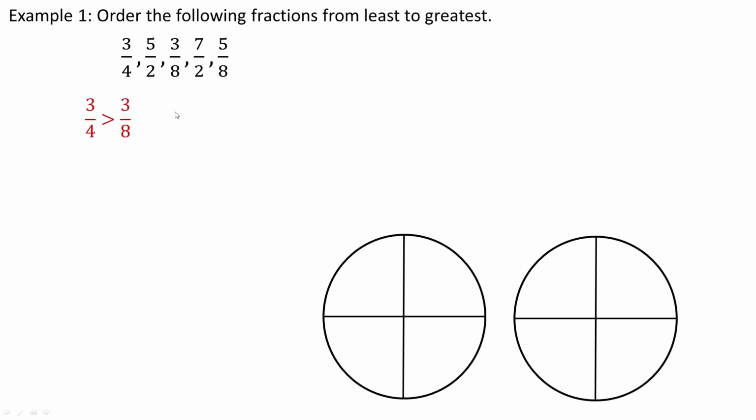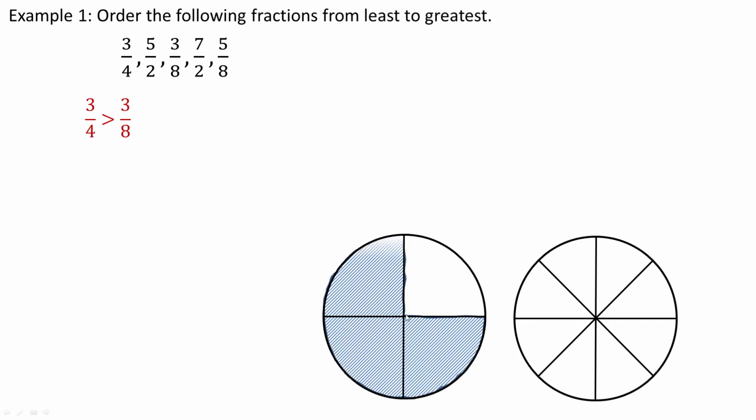So first of all, if I compare 3/4 and 3/8, 3/4 is bigger than 3/8. Notice the numerators for those two are the same. If you make the denominator larger, there's more parts in a whole, so then that would have to be smaller. Just to show you, if I have a circle, notice I've divided this one into 8ths and this one into quarters.